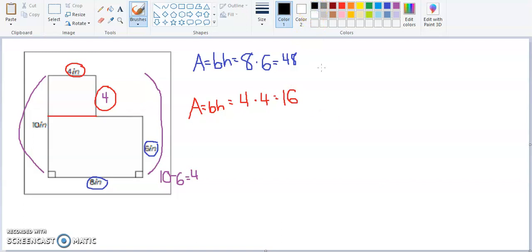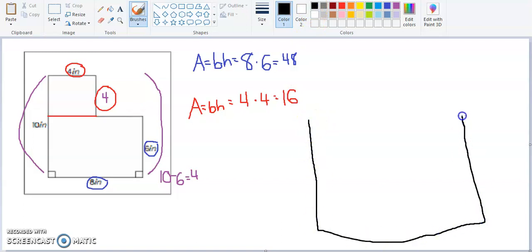So now that I've found the area of both my smaller polygons, both my smaller figures, I have to add them together. So I'm going to go ahead and do 48 plus 16.